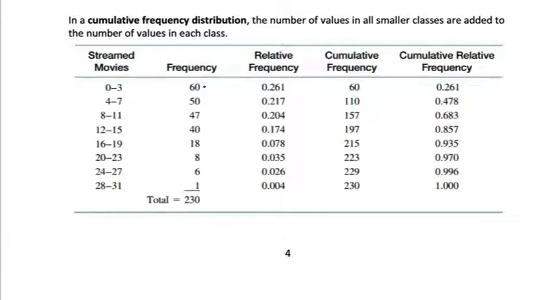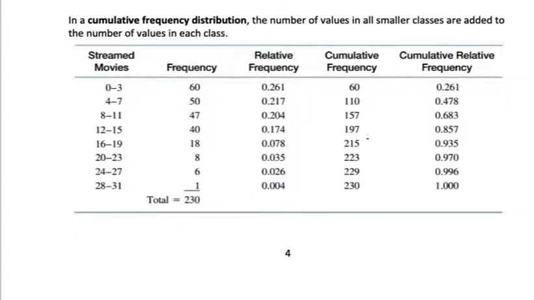So for example, 60 was 0 to 3 movies, 50 was 4 to 7 movies. I add the 50 to the 60 above to get 110. Then we have 47, 8 to 11 movies. I add that to the 110 to get 157. Then I add 40 to get 197. So you're always just adding your value to the value above.